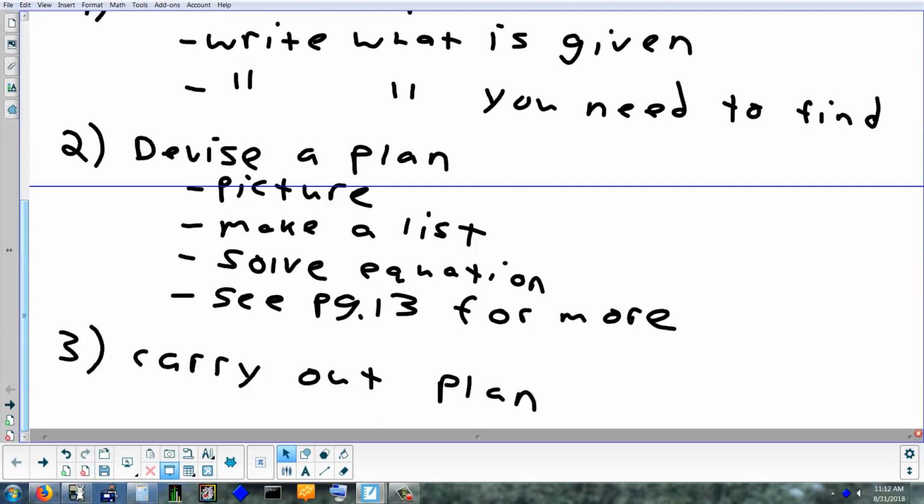And then carry out the plan. Once you make your equation, now you do the actual algebra and you solve it, or whatever it is. Okay, so we'll try going through this in a word problem right now.